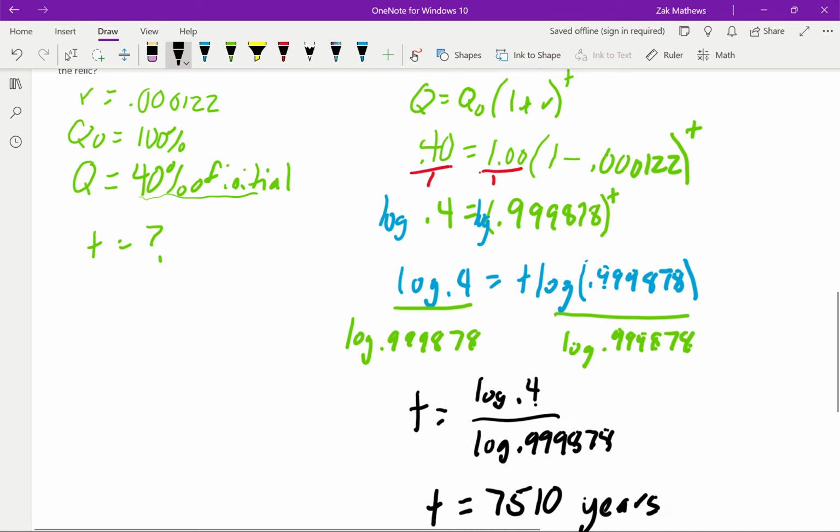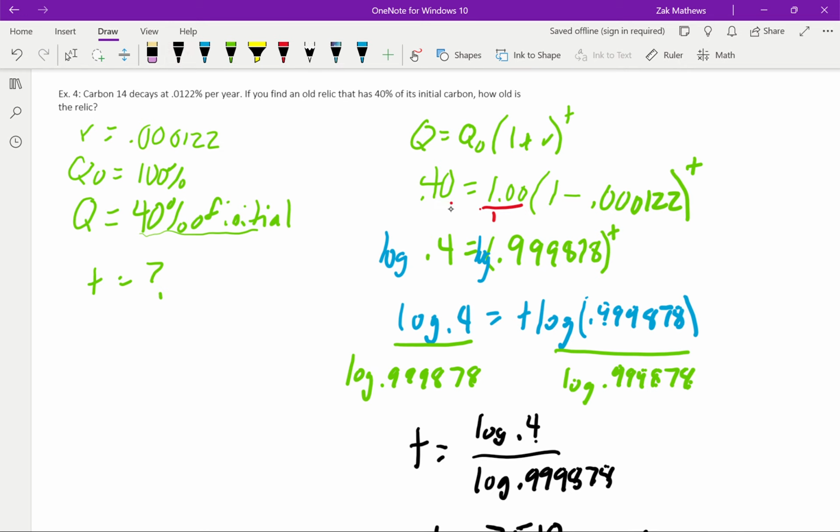Let's come back up here though and really study what we did. So we started with the equation Q equals Q naught times 1 plus R to the T power. We plugged in our 40%, our 100%. We subtracted off the R because it was a decrease or decaying. This time it's decreasing. We had a simplified expression right here. The second you get to that simplified expression, it's the exponent you're trying to solve for. What we do right away is we stick the word log in front.